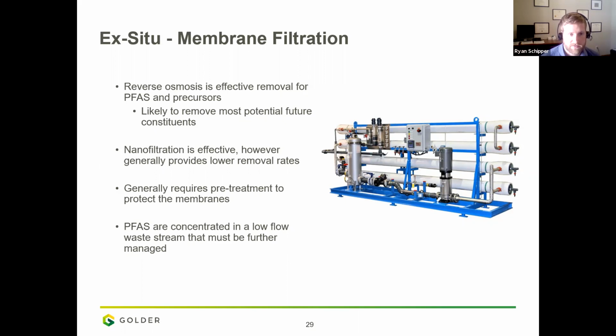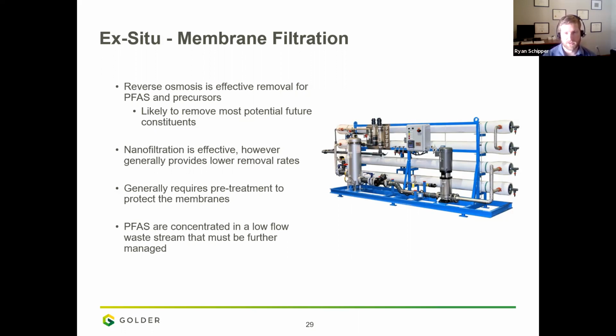Nanofiltration is also effective. It generally provides lower removal rates. And two of the big considerations when it comes to reverse osmosis: the first is the requirement for pre-treatment to protect the membranes.